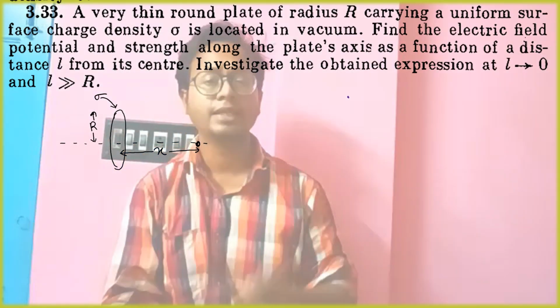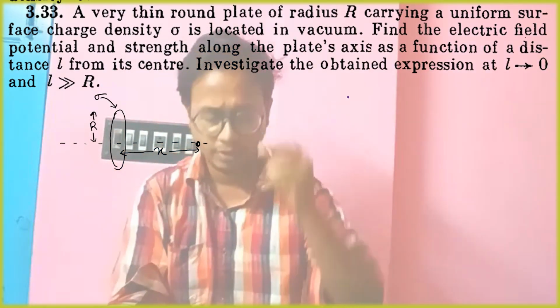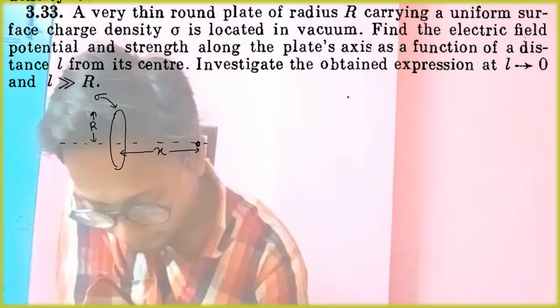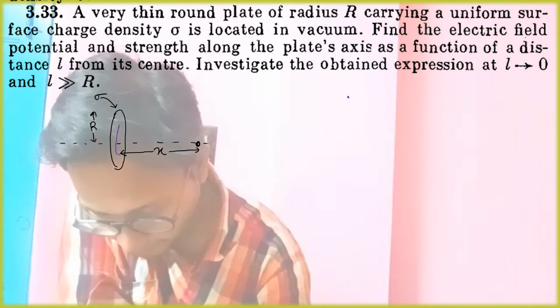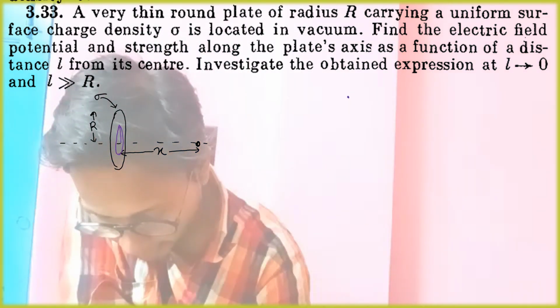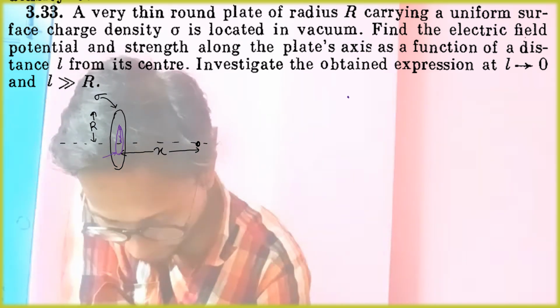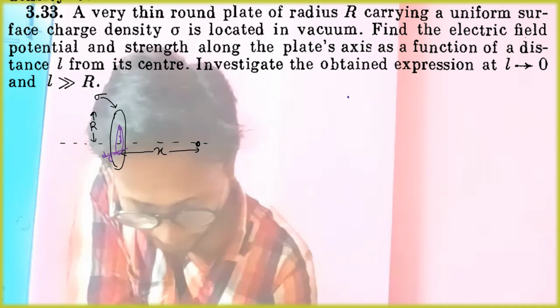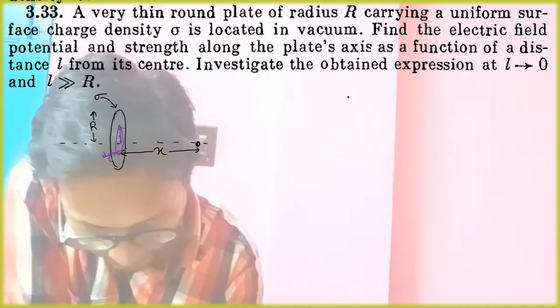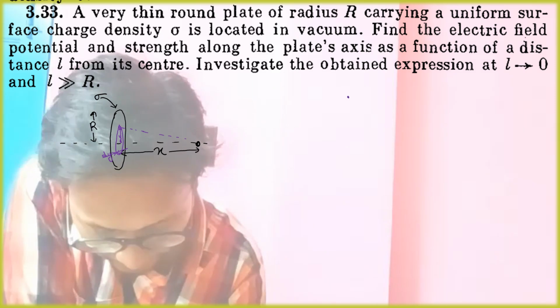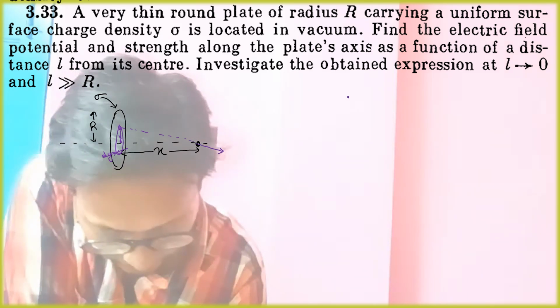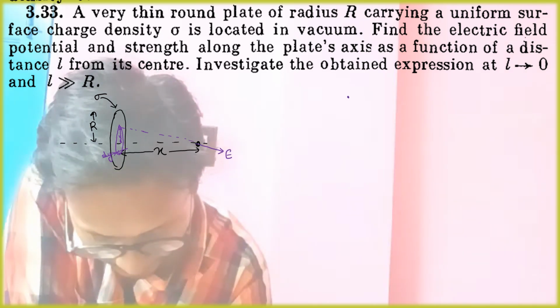Disk is nothing but integration of rings from 0 to r. So if I take an elemental ring out here, of radius y and thickness dy, the electric field due to this elemental ring would be in this direction, E ring.